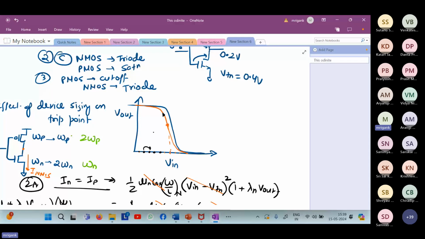WP has become stronger. As a result, now you will need a higher gate voltage to reduce the PMOS current, right? Why does the curve go down? Curve goes down because of reducing PMOS current, right? So now, because the PMOS size is doubled, it is having stronger current, so you will need a further higher gate voltage to reduce the PMOS current to the same value, right?